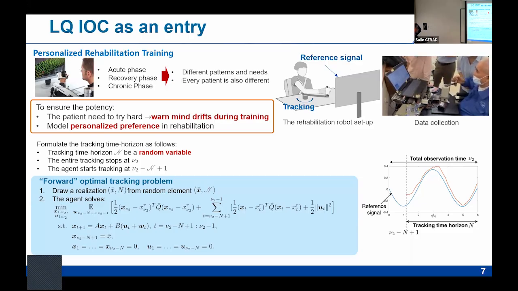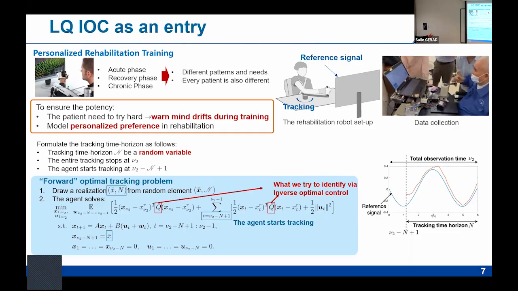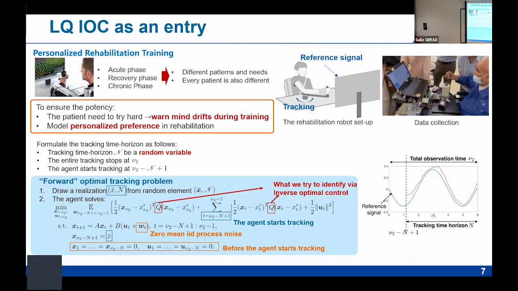So we do this formulation where we let it end at the same time, but the starting time is random. For example, the reference signal lasts for 10 seconds, and the patient can start tracking based on his choice, like at 1 second, or 1.5 seconds, or 5.8 seconds. But this is the idea.